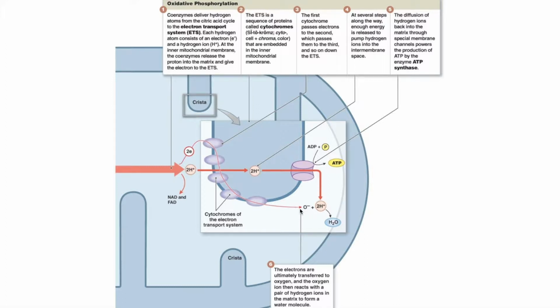The final electron acceptor is oxygen, so that's the whole reason we breathe, is to get oxygen to accept electrons from the electron transport chain. And then these hydrogen ions are going to diffuse through this pump here, and as they do that, that powers the production of ATP. And then those hydrogen ions will combine with this oxygen to form water. So that's how we make energy in our cells.